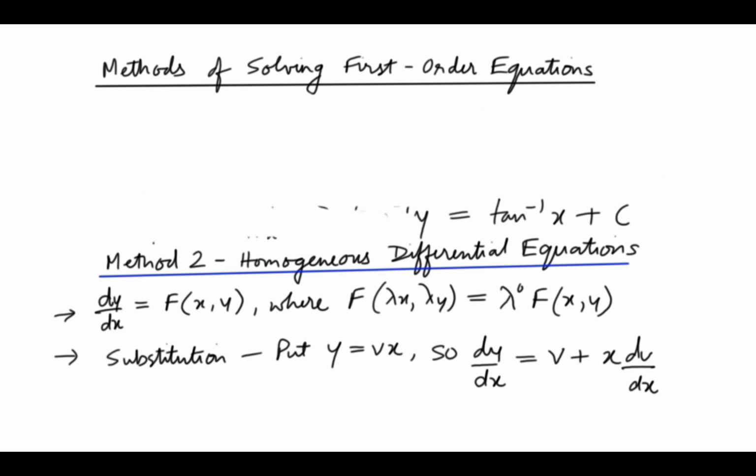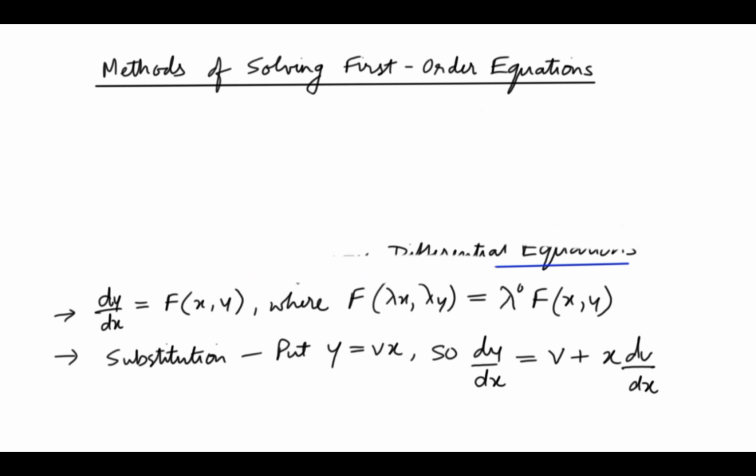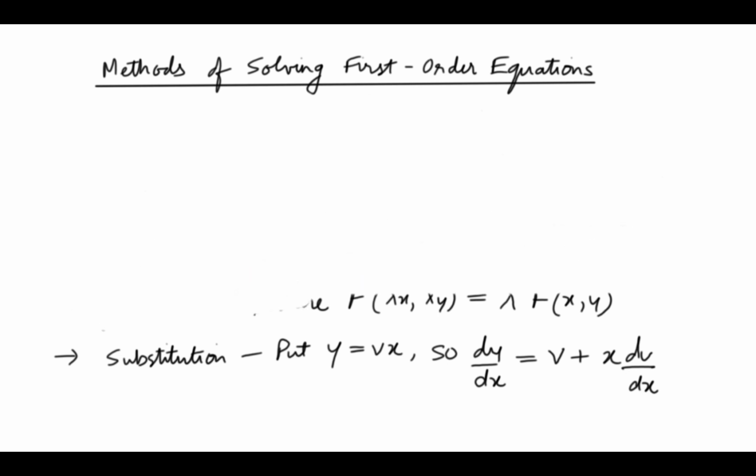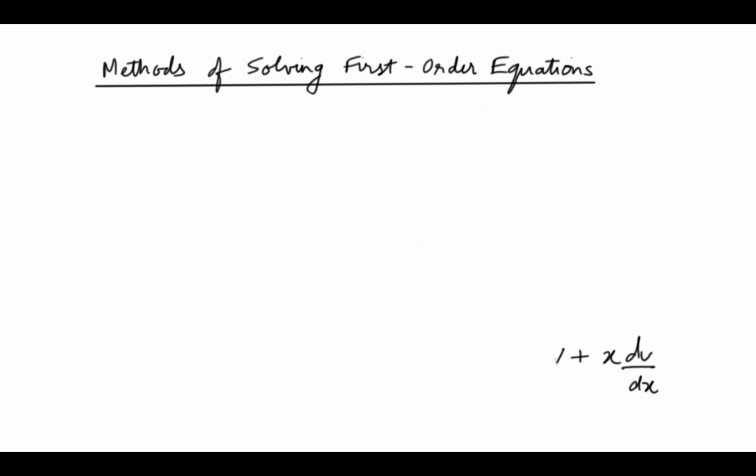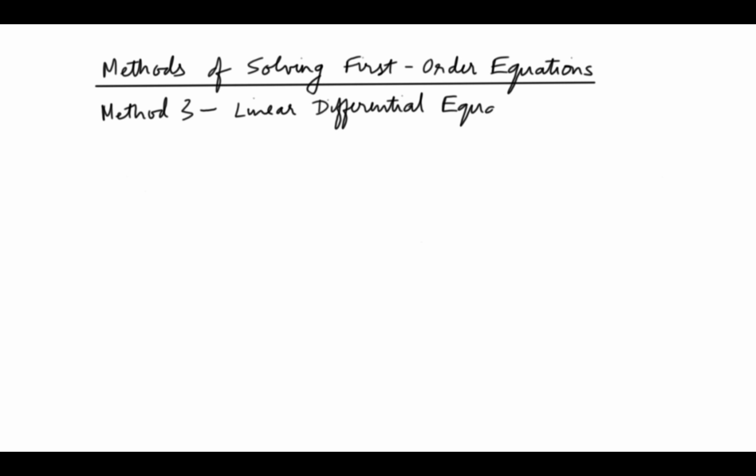So you substitute this back into the original equation, separate your new variables v and x and integrate. So that is one method to solve the first order differential equation.